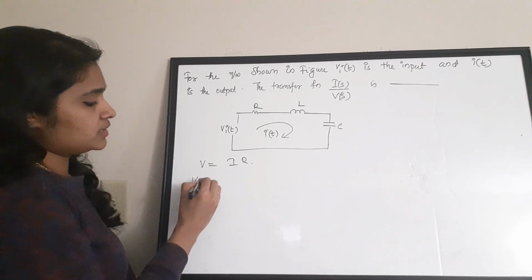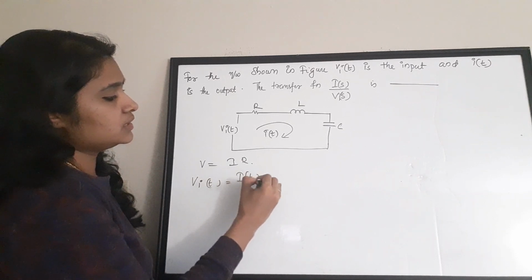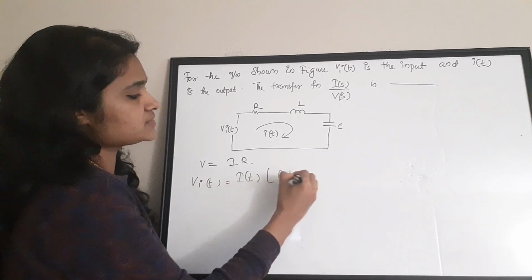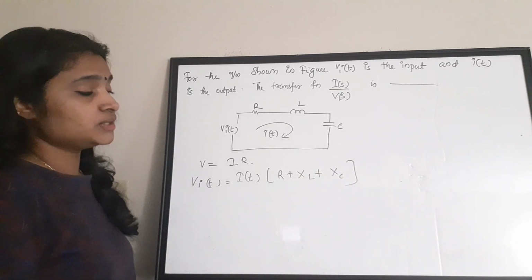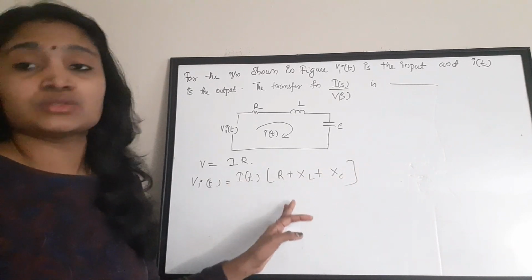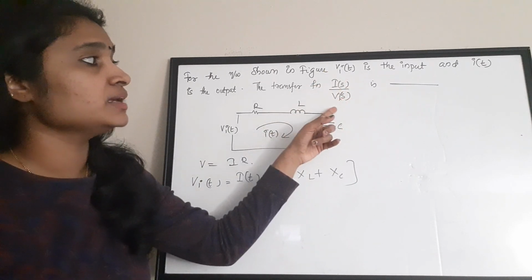So you can write V of t is equal to I of t into R plus X L plus X C. You need to take the Laplace transform. Here you need to find the transfer function in the S domain, I of s by V of s.